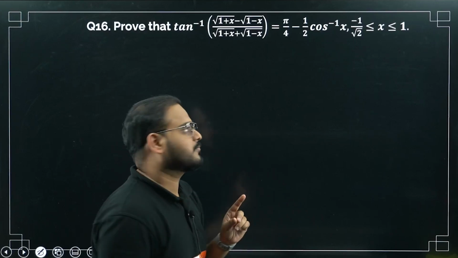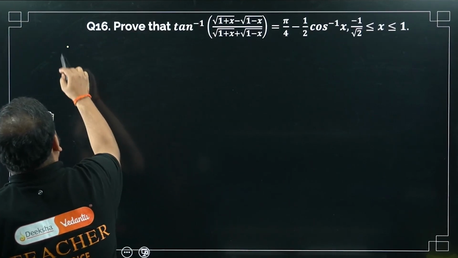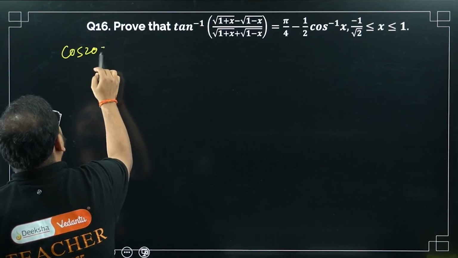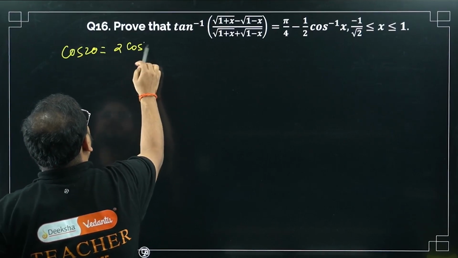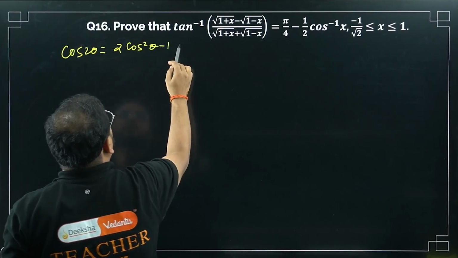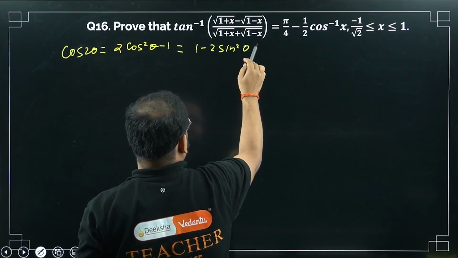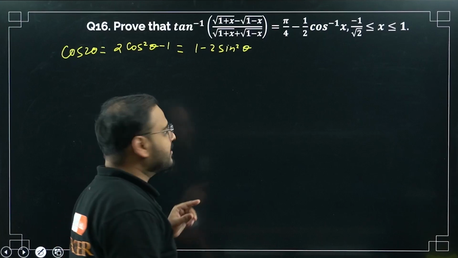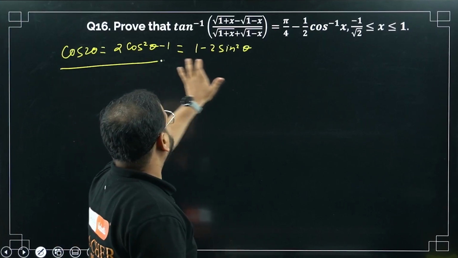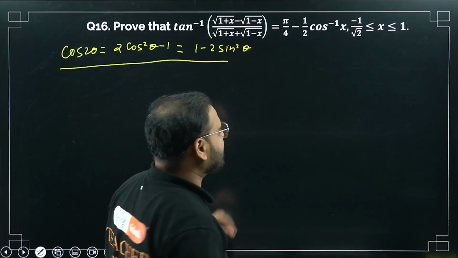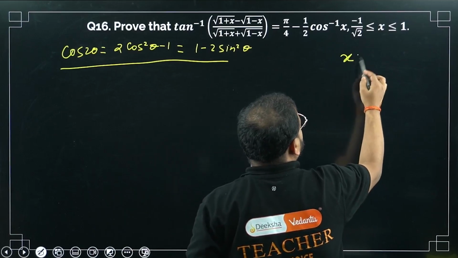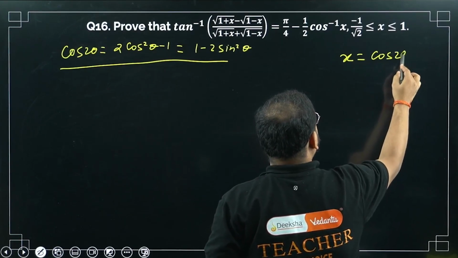What is the cos 2 theta formula? Cos 2 theta is equal to 2 cos square theta minus 1, or 1 minus 2 sin square theta. Am I right? These are the two formulas for cos 2 theta. So I'm going to take x as simply cos 2 theta.